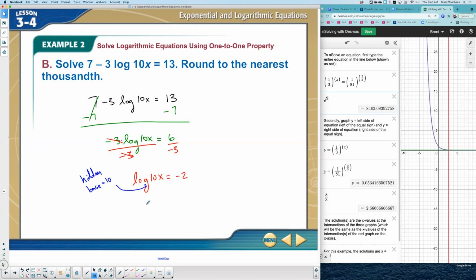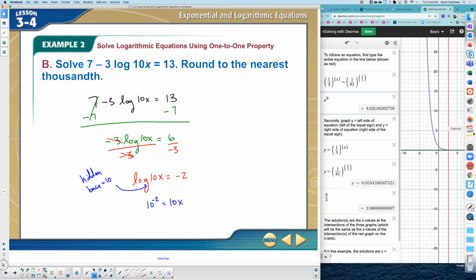So what I have here is 10 to the power of -2 equals 10x. So this had a hidden base. There's not a base shown. The base is 10. There's a hidden base here. So it's 10. That's my power.